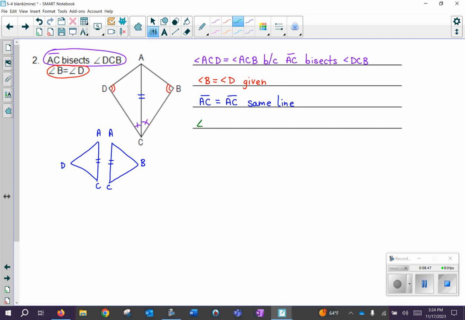The left triangle is the alphabetical one, so ACD, just to make it easier for you to check your answers, is congruent to, now the order matters, I'm just matching the markings. ACD, so nothing purple and then red, nothing purple and then red. So it's going to be triangle ACB by angle, side.